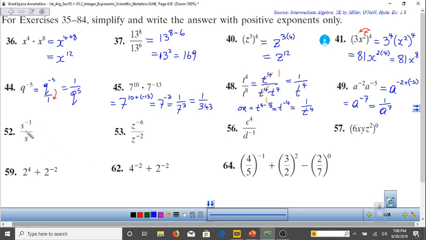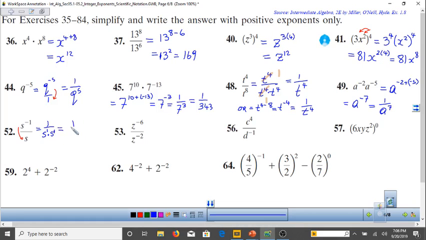Now again, there are 2 ways to do this one. Method 1 is to just apply the rule. And method 2 is to say, hey, we have a negative 1, s to the 1 up top. You just move the negative down to the bottom. And then now we have 1 over s times s, because that's s to the 1, times another s to the 1.